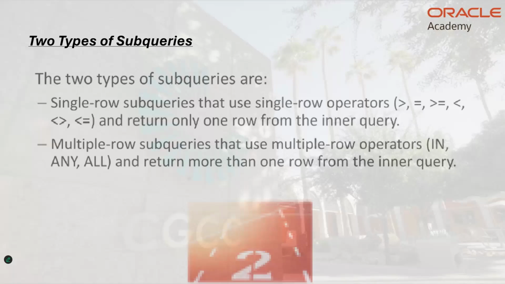Generally, the inner query is within the parentheses, etc. All right, then you have a multiple row subquery that uses multiple row operators like in, any, and all. And we went over those a long time ago, so I will refresh your memory on those. Remember, the IN is usually a listing, a group, something where you can have multiple conditions or multiple returns. So that's the whole idea of a multiple row subquery, hence the name, right?